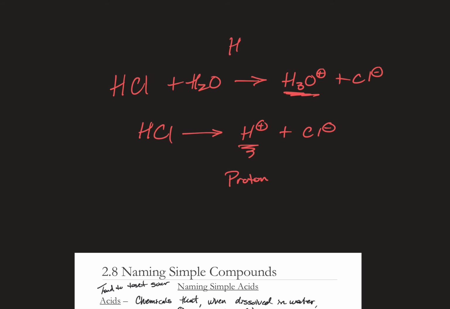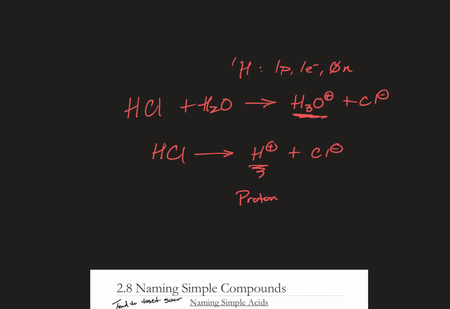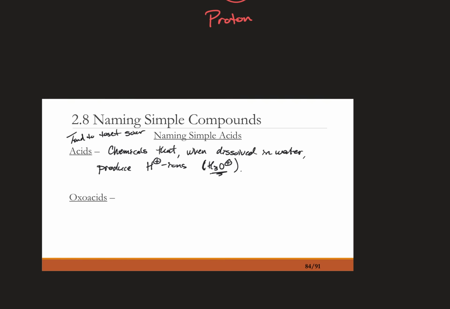If it's a hydrogen 1 atom, it has 1 proton, 1 electron, and 0 neutrons. So if it loses its electron by becoming H plus, then it's really just a proton. That should be a red flag that it won't exist by itself, because protons are not atoms. So it's not actually an H plus. It's just that the water is willing to give up one of its hydrogens when it has an H3O plus formula, and so it can use that hydrogen to do stuff. So it's treated like it's an H plus.